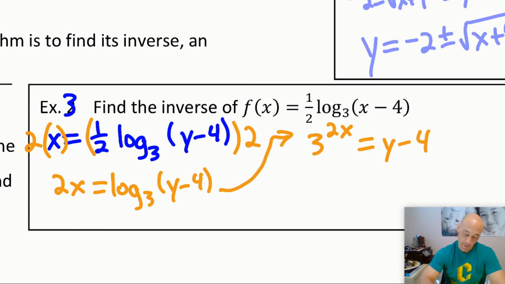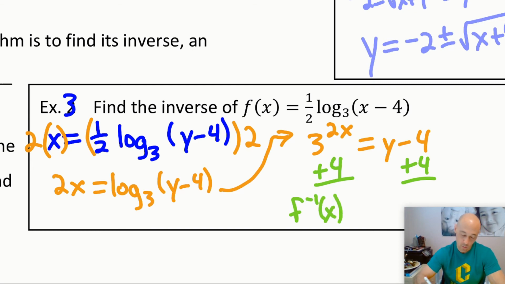My next step for isolating y is to add 4. So I have my y isolated, and I'm going to write my f inverse of x, because that's really what y is. It's a function in this case, is equal to 3 to the 2x plus 4.